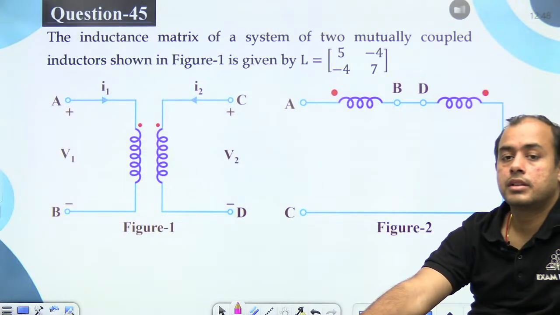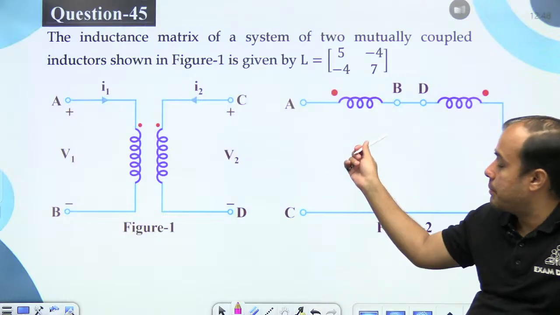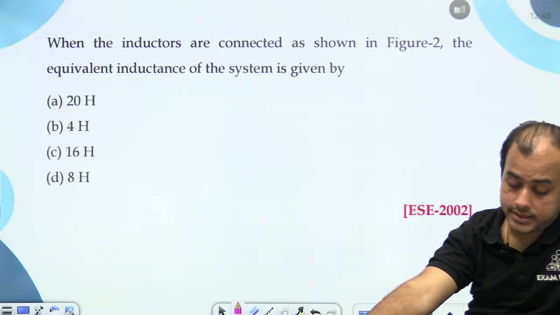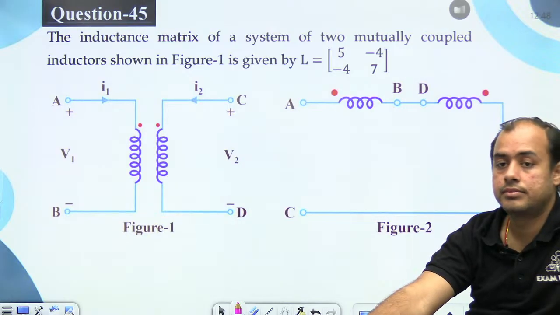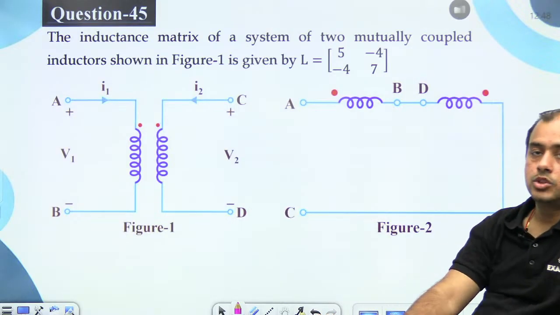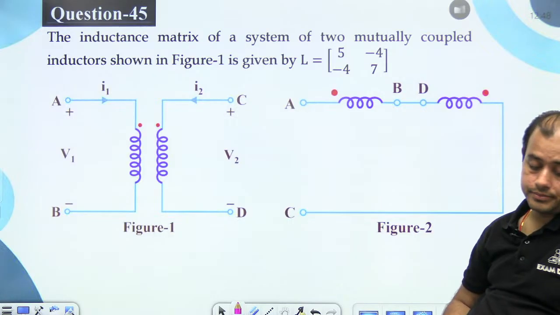चलो बनाओ. आपको इस कॉम्बिनेशन का इंडक्टेंस बताना है. दिस इज फ्रॉम ESE 2002. So now we have reached the magnetically coupled circuit. टू पोर्ट नेटवर्क भी हमारा हो गया.